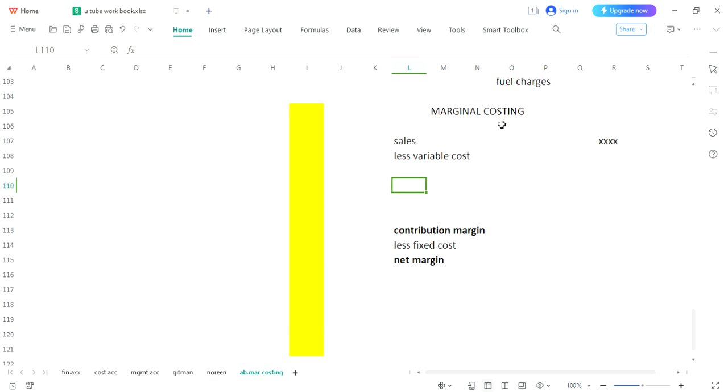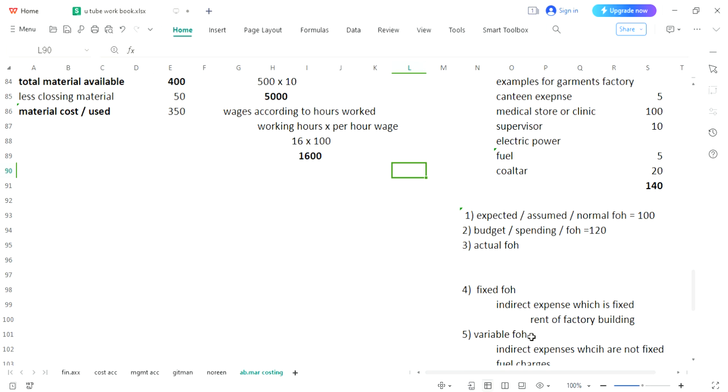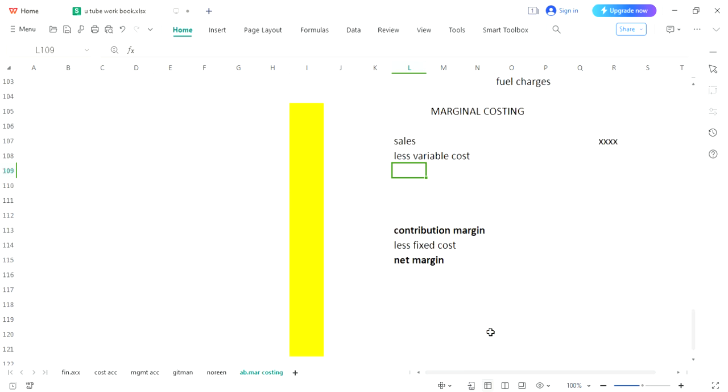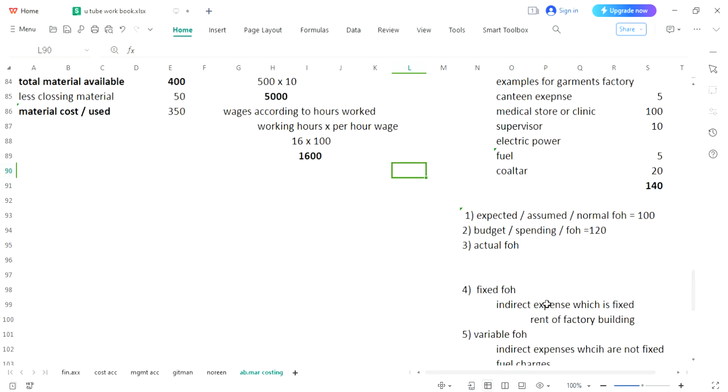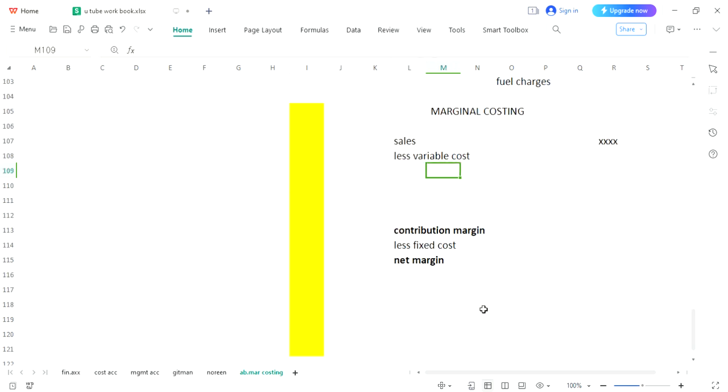And what we will do over here, since you have seen that we have discussed variable FH and fixed FH as well, you must have a complete idea of what fixed FH and variable FH are. Now here you will see how much opening stock is present in your question.